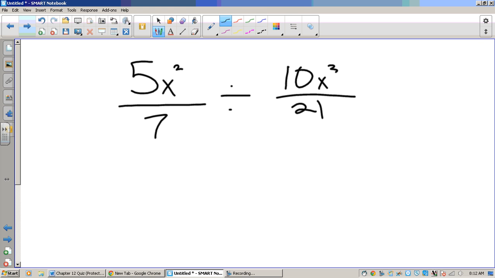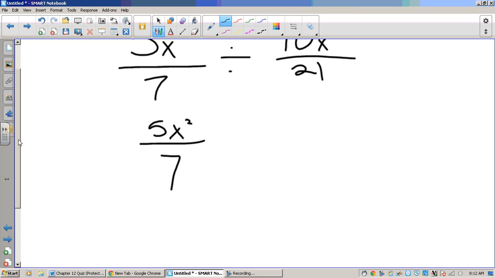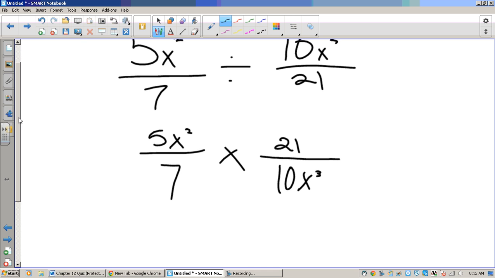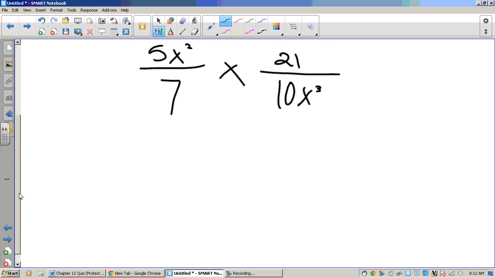Same change flip. So we take the first expression, change the sign to multiplication, and flip. Now that I've done same change flip, now what do I do?